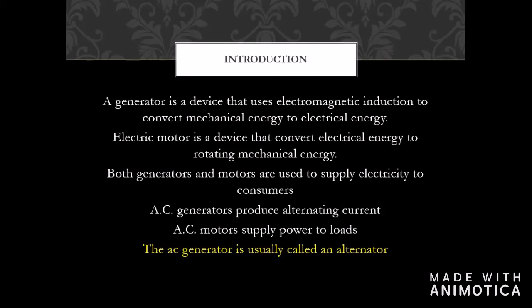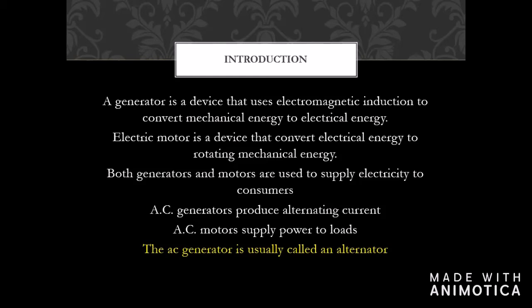So the motor is like the opposite of the generator. The motor uses electricity to provide mechanical energy, while the generator uses mechanical energy to provide electrical energy. So both motors and generators are used to supply electricity to consumers.